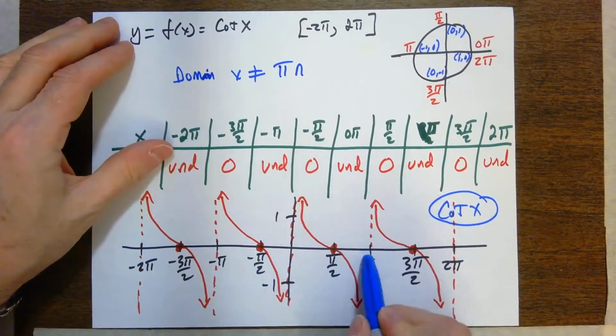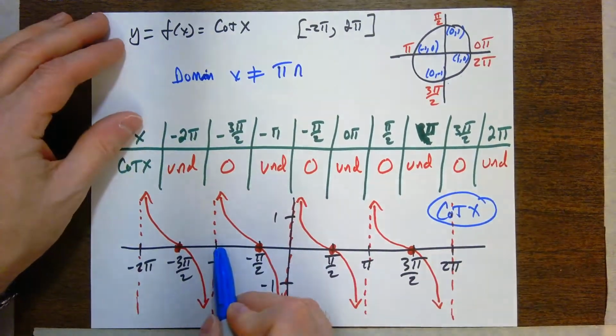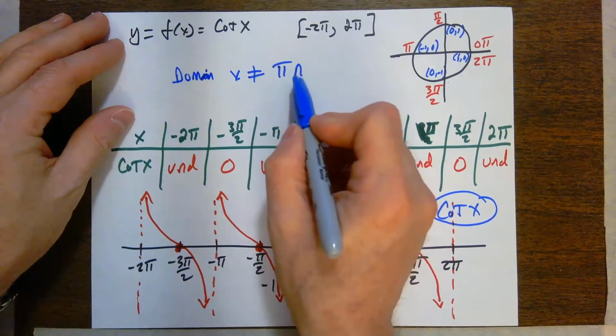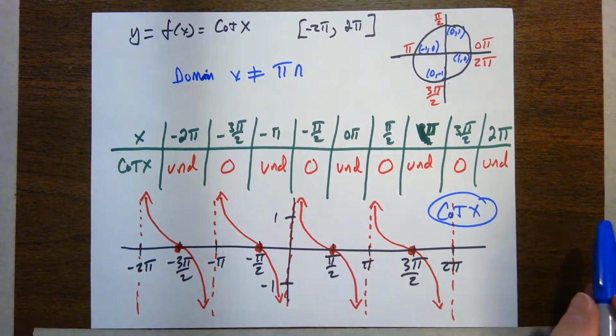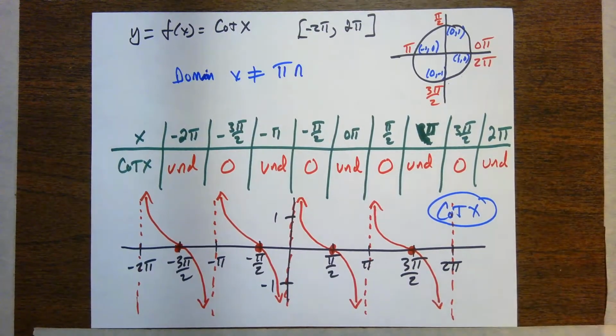So 0 pi, 1 pi, 2 pi, 3 pi, or negative 1 pi, or negative 2 pi, or negative 3 pi, where n is just some integer. So those are my domain restrictions. So tangent and cotangent, very similar graphs, but very different. Not an awful lot of applications for what we're doing with tangents and cotangents here.